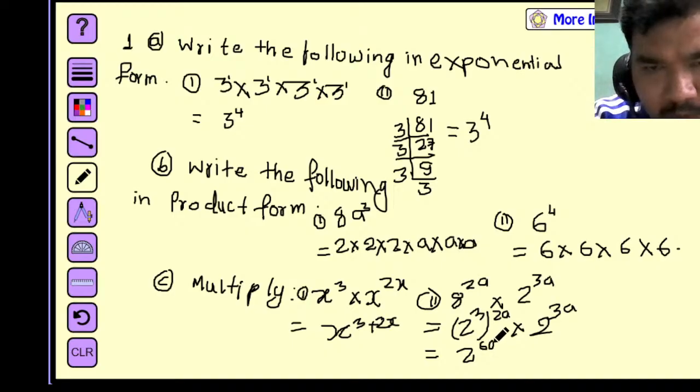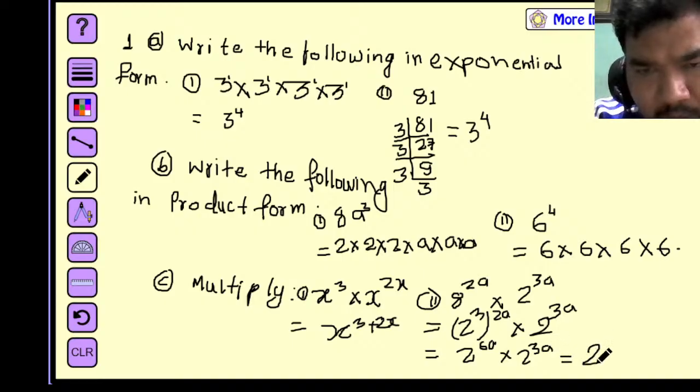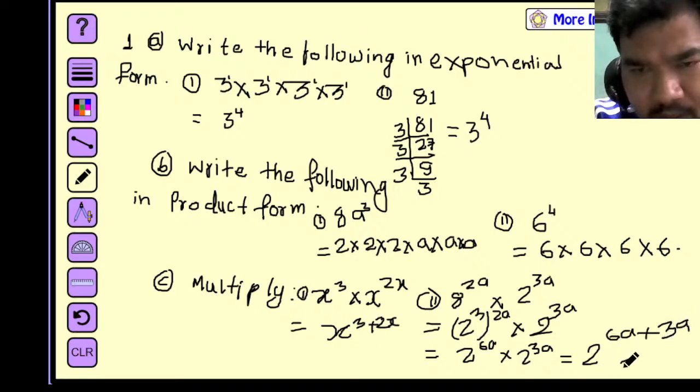Power and whole power is multiplied according to the law, this and this multiply. Then it is multiplied by 2 to the power 3, right? Then if we are going to multiply, write only one base and add the powers now. 6a plus 3a. Then the answer will come here, children.